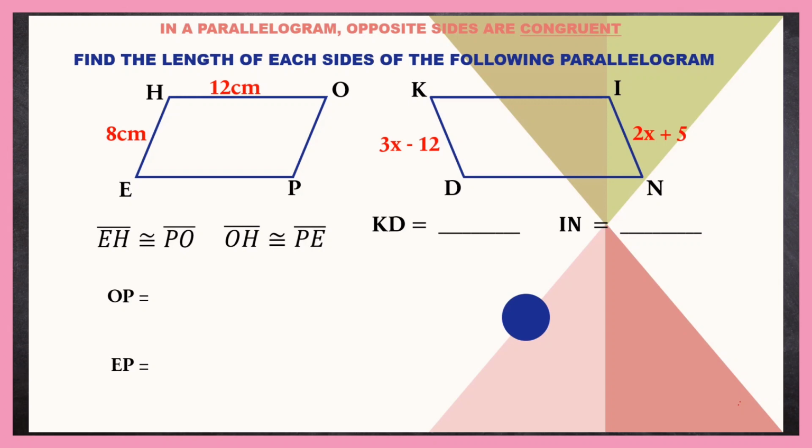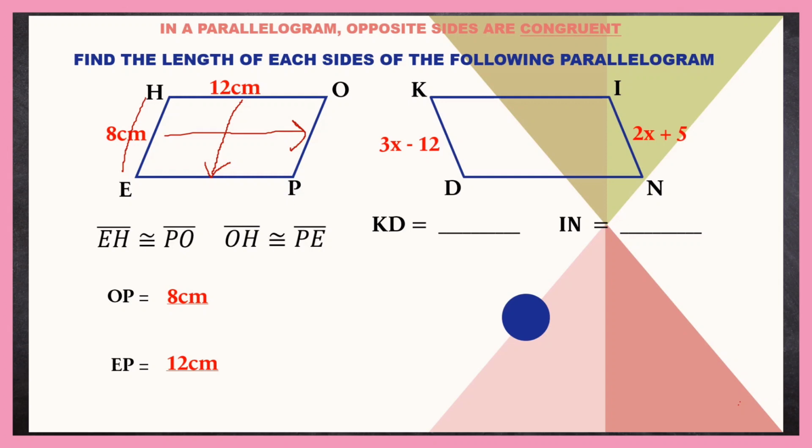For example, we have this line segment HE, or side HE is 8 cm, which is opposite to side OP. So it means they are congruent, so they have the same measure. So if HE is 8 cm, line segment OP is also 8 cm. Then HO is 12 cm. This is opposite to side EP. So we have side EP is 12 cm also.